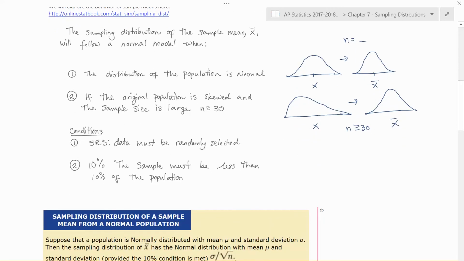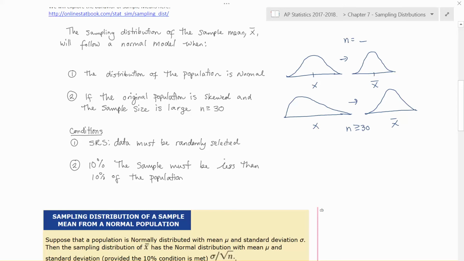There are a couple of conditions that we have to check in order to use the methods, and those methods involve finding a standard deviation of the sample mean, right? How that sample mean varies in repeated sampling. And that calculation actually relies on independence.